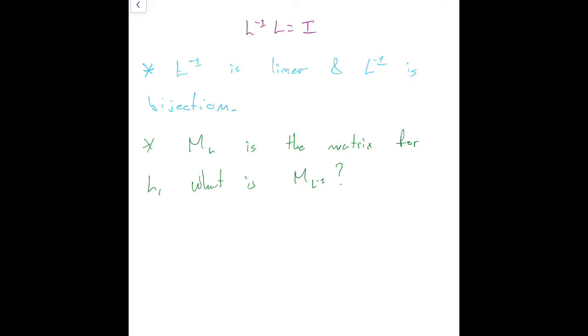Remember, in the notes I told you how to do this. You start by row reducing an augmented matrix. On the left-hand side, you have the matrix M sub L, and on the right-hand side, you have the identity matrix. Now you row reduce this until you get the identity matrix on the left-hand side, so you put M sub L into reduced row echelon form. Then the matrix you have on the right-hand side is going to be the matrix for L inverse.